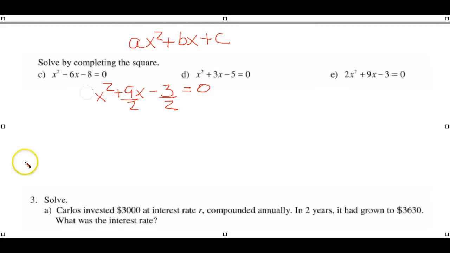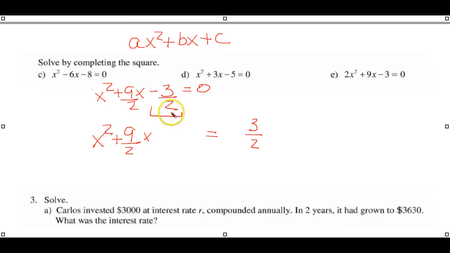And then I have this. So my next step is I have to take my c term to the other side. So I get x squared plus 9x/2, and this becomes a positive 3/2 on this side.